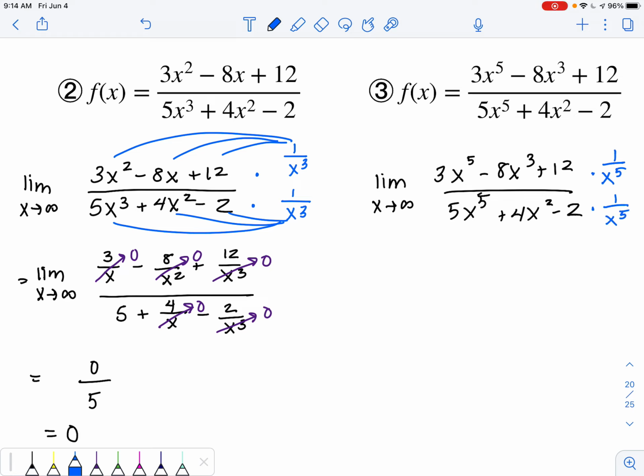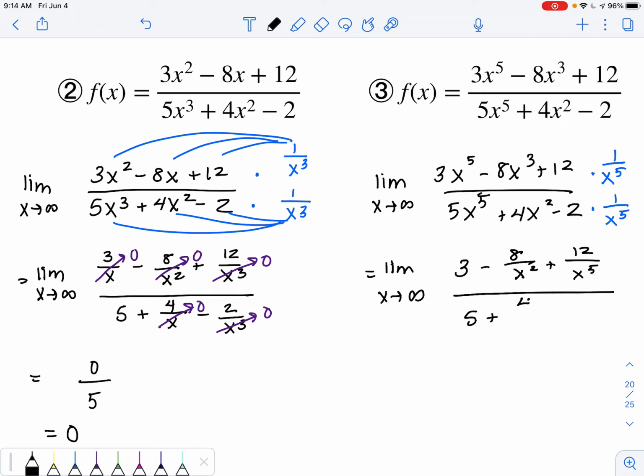So again, I would multiply by 1 over x to the 5th, the highest power now. As I do that, I get the limit as x approaches infinity of 3 minus 8 over x squared plus 12 over x to the 5th, over 5 plus 4 over x cubed minus 2 over x to the 5th.